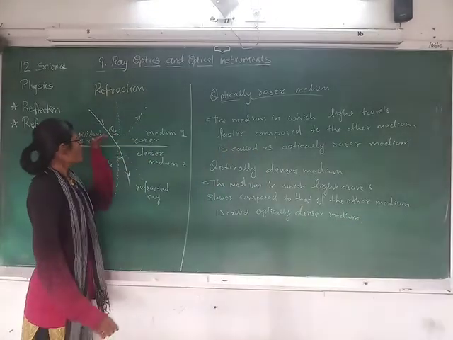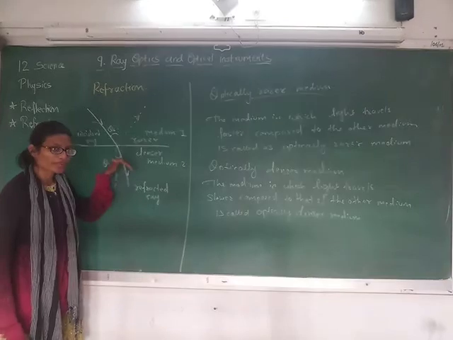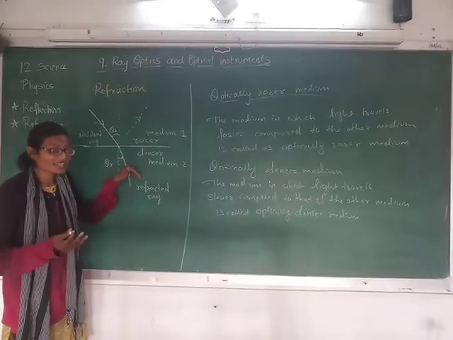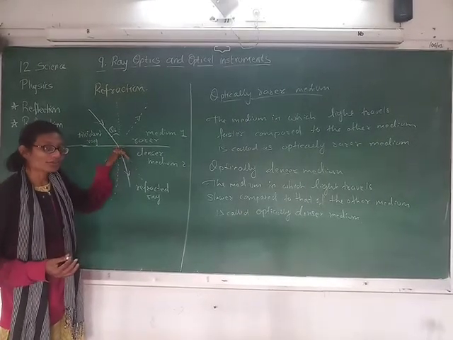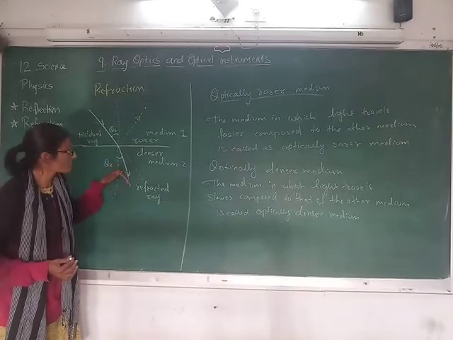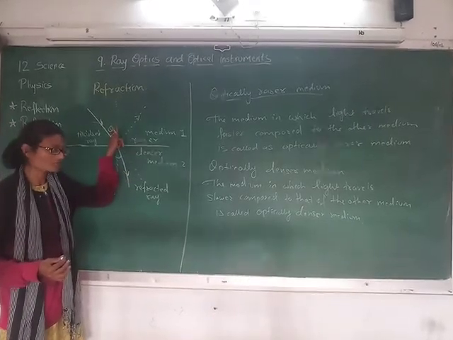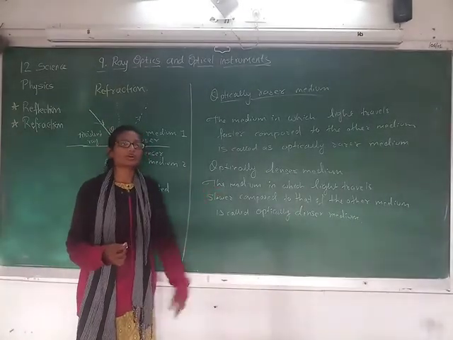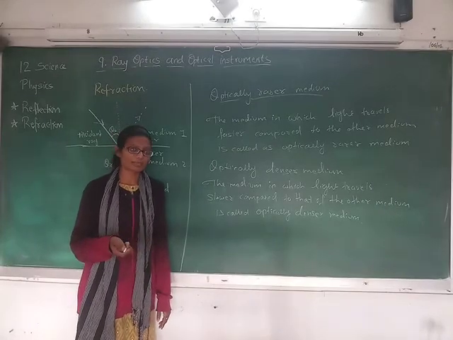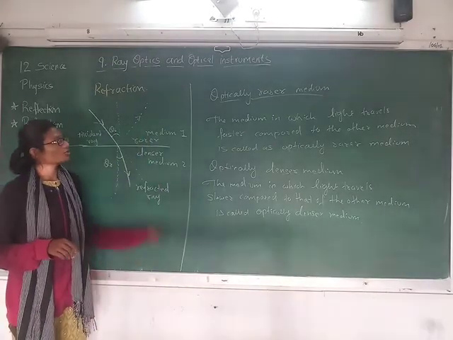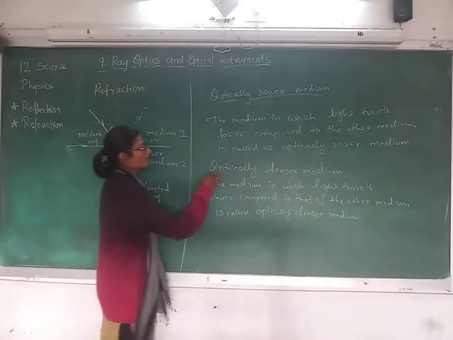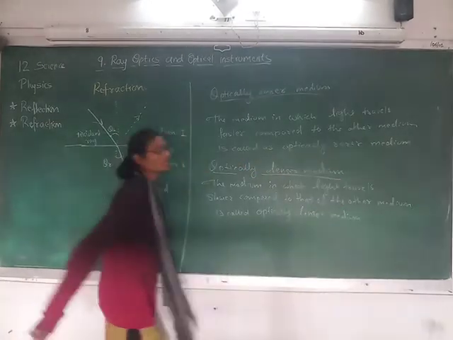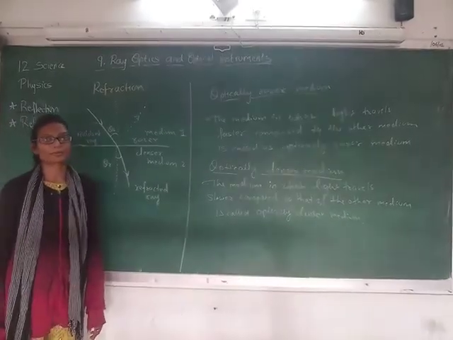That means when the light is entering into medium 2, which is optically denser, here the light will be traveling little slower compared to that in this medium. So that medium is called optically denser medium. So first note down this, and then we will be seeing the laws of refraction.